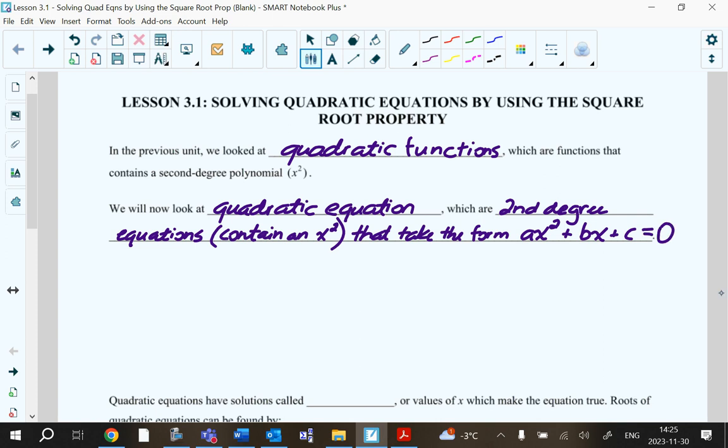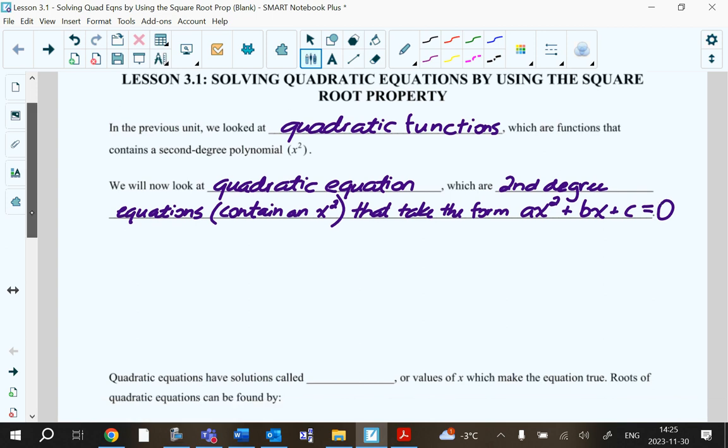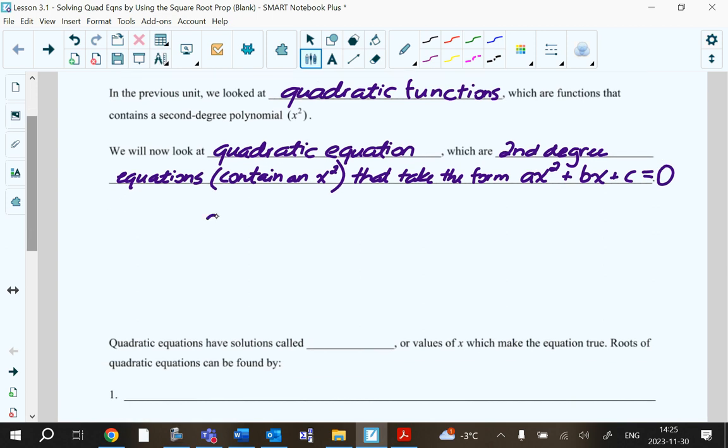That's the difference between quadratic equations and quadratic functions. So quadratic functions: it's y, or f of x, we saw that function notation, equals ax squared plus bx plus c.